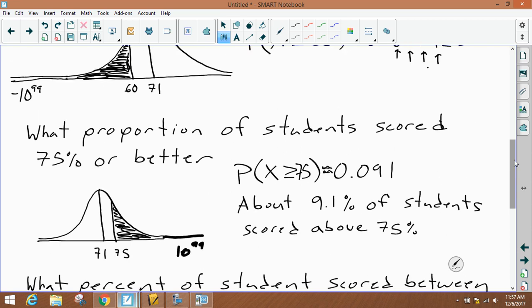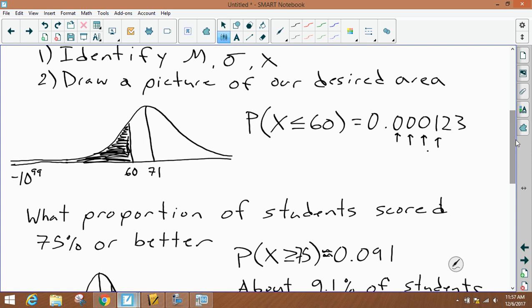I need to use an approximate symbol. Sorry about that, guys.